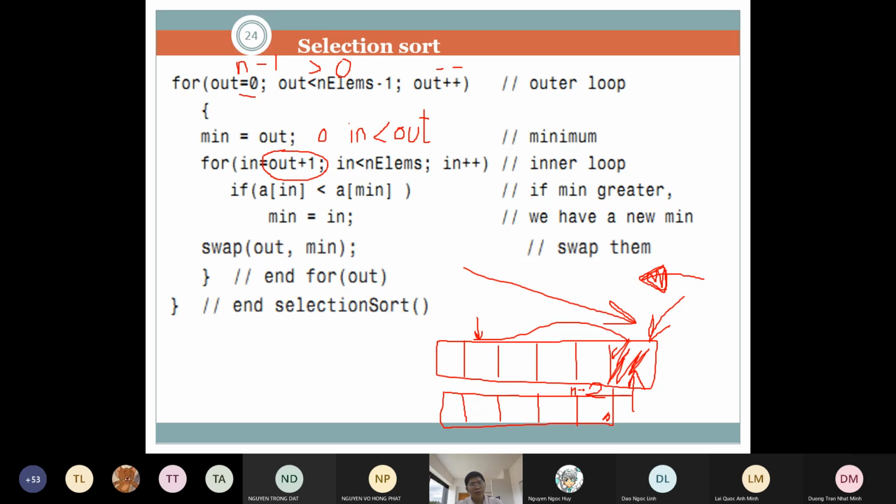Okay, okay. Can we move to the next sorting algorithm? Yes or no? Can we move to the next sorting algorithm?